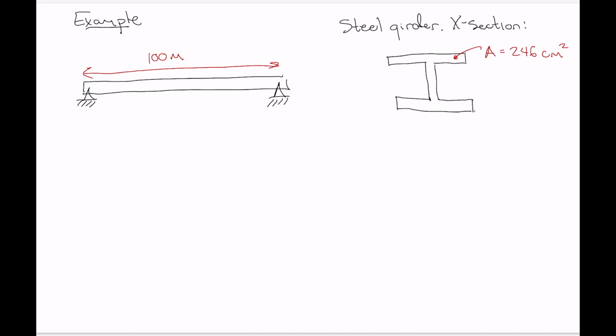And let's make up a problem statement. So let's say that steel girder is put in place and the bridge is constructed when the temperature is 25 degrees outside. So the bridge was built when the temperature was 25 degrees Celsius. And let's say that the design safety factor for this was 3.